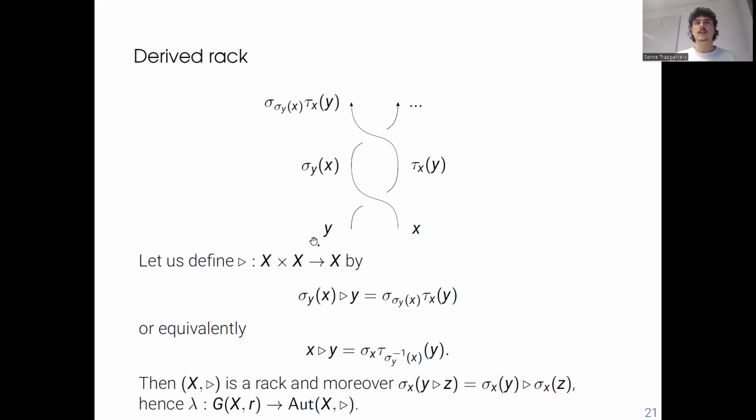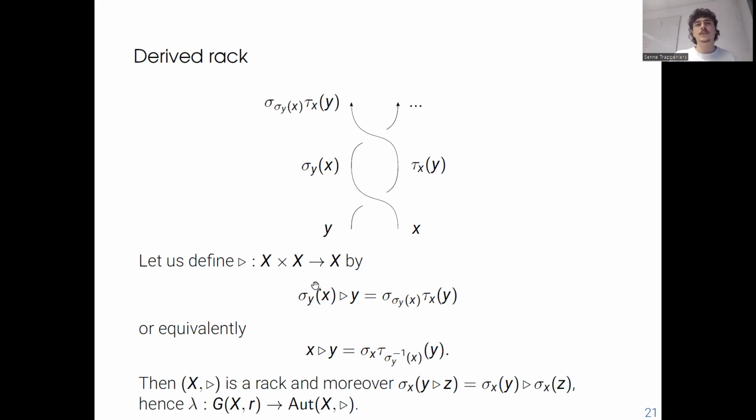So now just looking at what's happening here on the left, we will define a new binary operation on X by saying, well, this thing, so sigma_y(x) acting on y, is precisely this thing. So this is by definition.